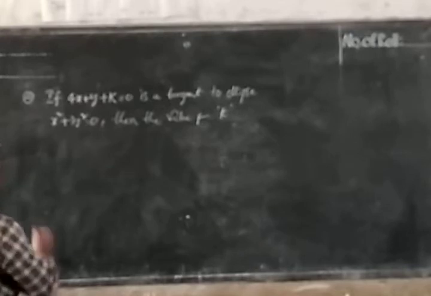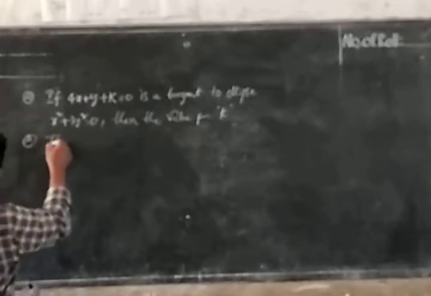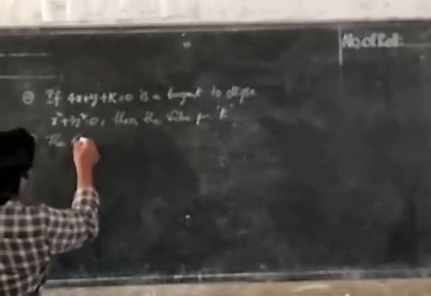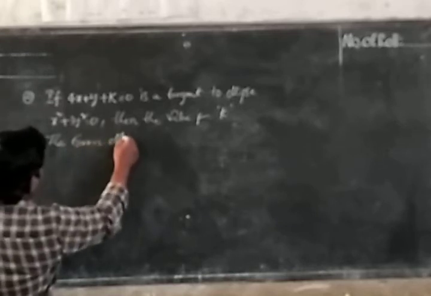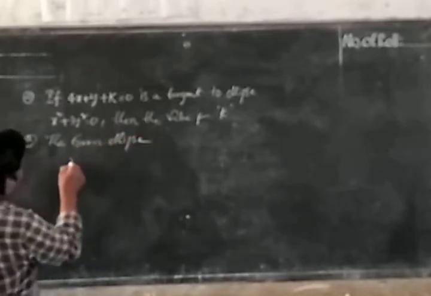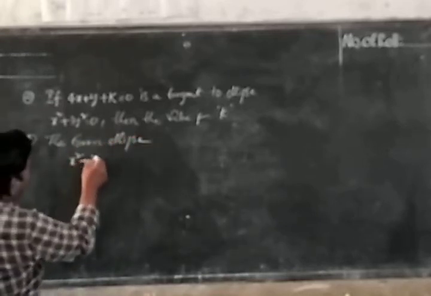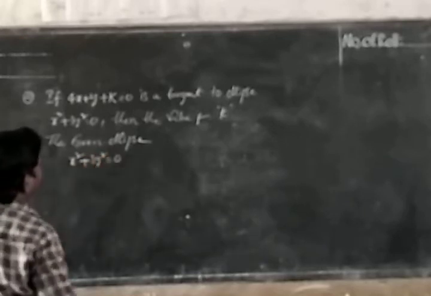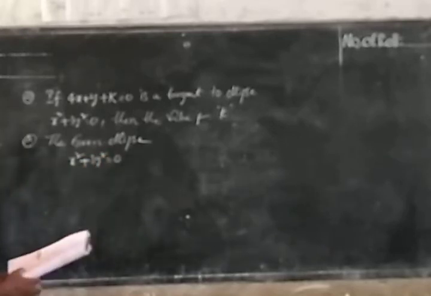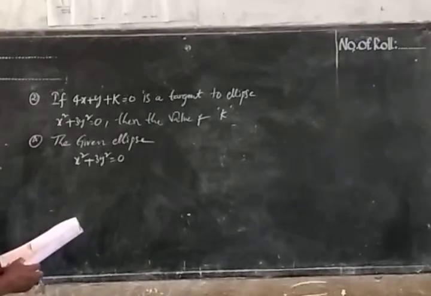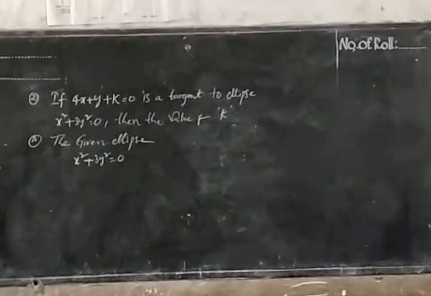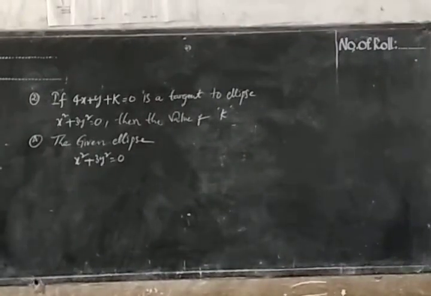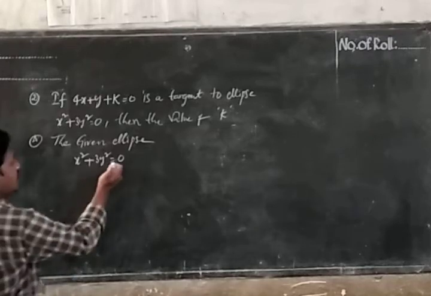The given ellipse is x square plus 3y square equal to 3, not 0.